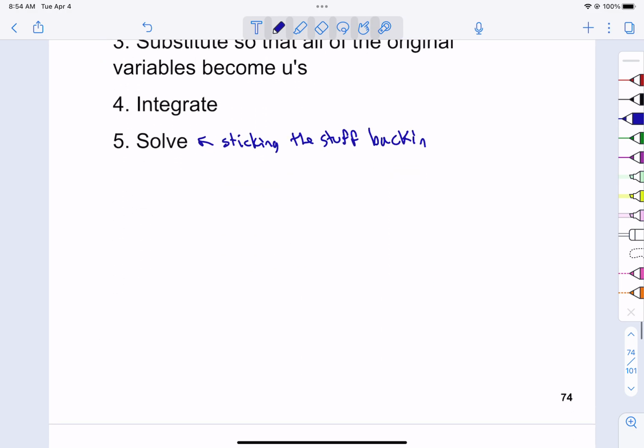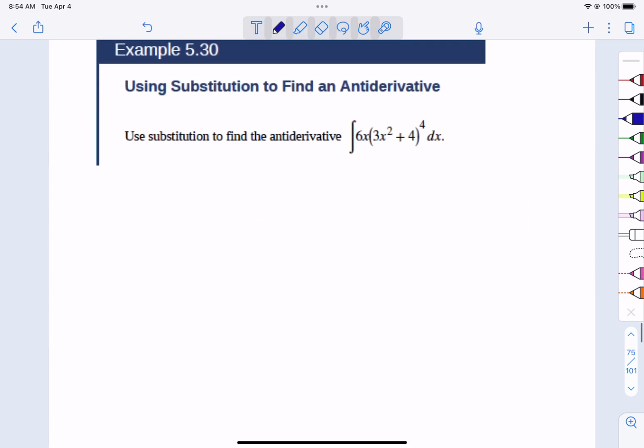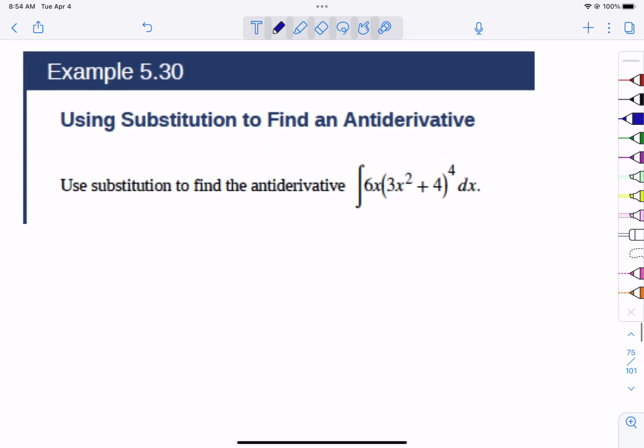Well, we're thinking backwards for a U substitution. So you will notice that we have this quantity to the fourth. So what I look for is, if this is my stuff that's stuck, because I don't want to have to multiply that 4 times, that's gross. If that's my stuff that's stuck, most likely that's going to be my U.